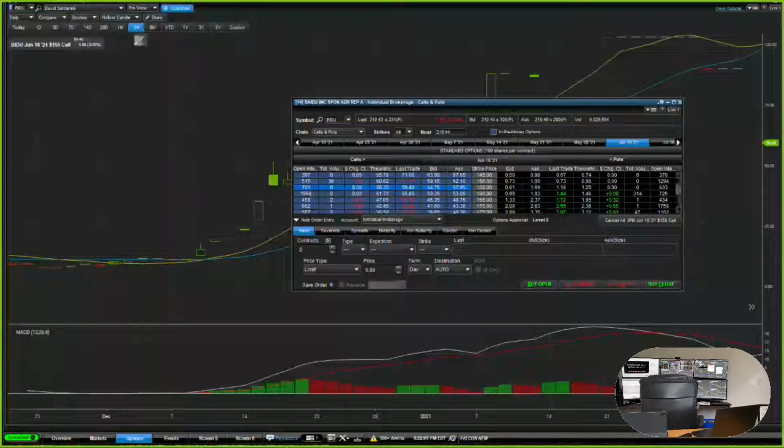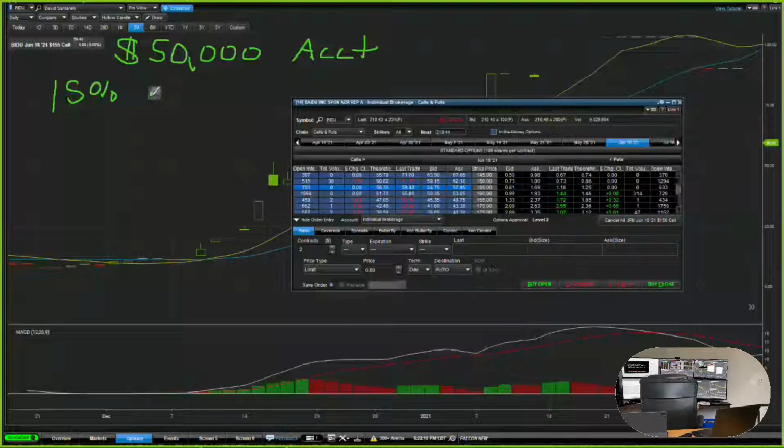So if you have a $50,000 account and you put 15% into a new cycle trade, well, guess what? 15% of 50,000, that's going to be 8,400 bucks, right? Or I'm sorry, it's going to be 50,000 times 0.15. That's going to be about $7,500.